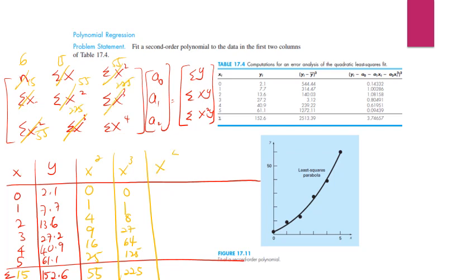And then you need x to the power of 4. So you calculate x to the power of 4. Okay, 0 to the power of 4 is 0, 1 to the power of 4 is 1, 2 to the power of 4 is 16, and then you get the sum of summation of x to the power of 4.